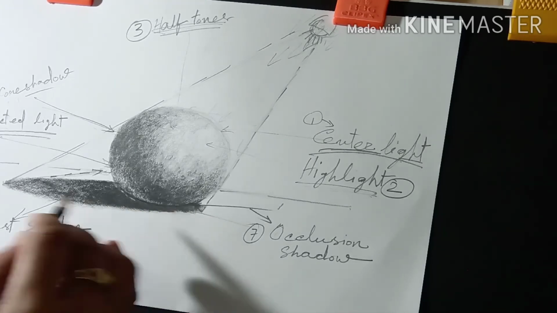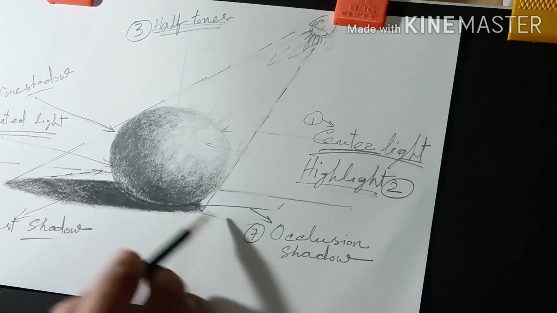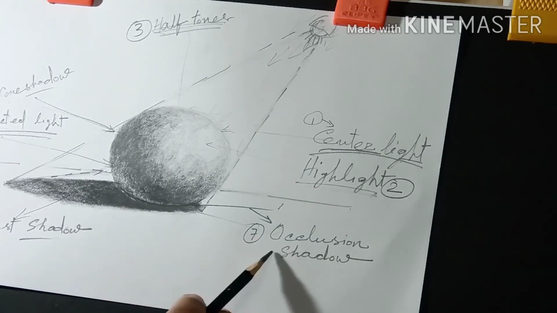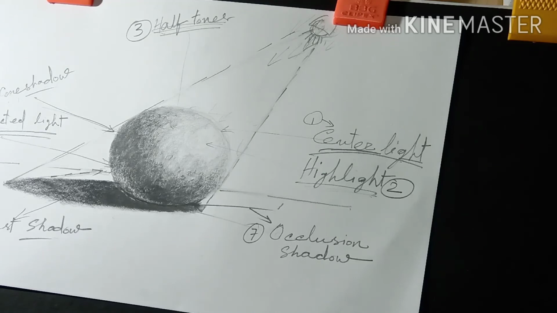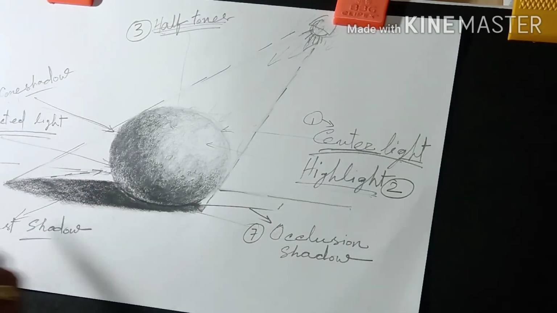This dark line is called the occlusion shadow.